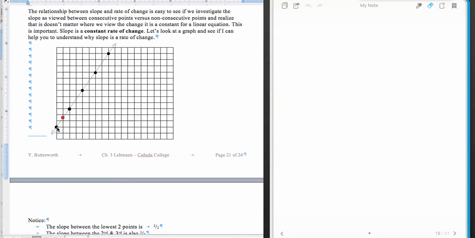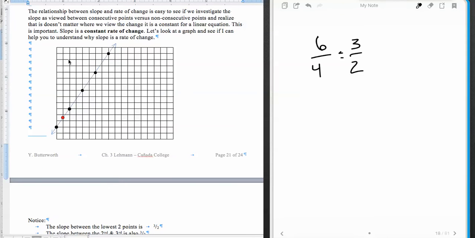To get from this first point to this third point up here, I would rise 1, 2, 3, and then another 1, 2, 3. So I've risen a total of 6 this time, and I run 1, 2, and then another 1, 2, giving me a total of 4. And you'll notice that 6 over 4 is indeed the same as 3 over 2.